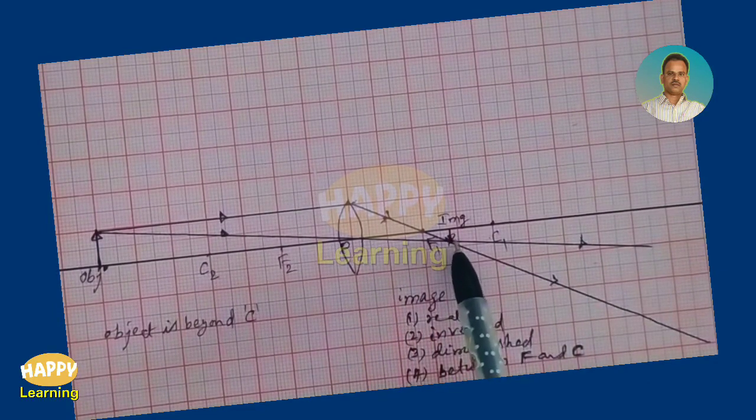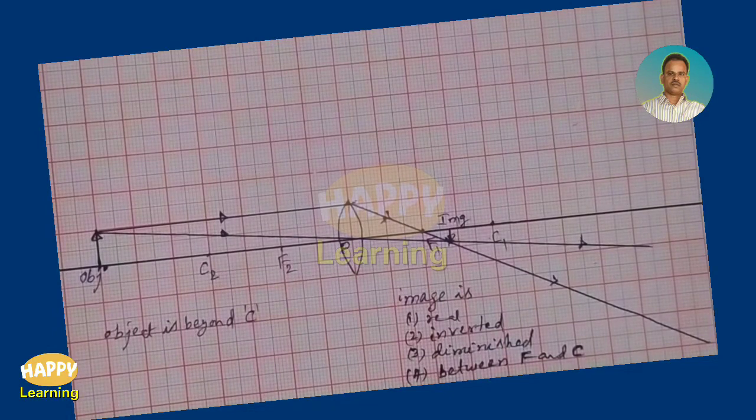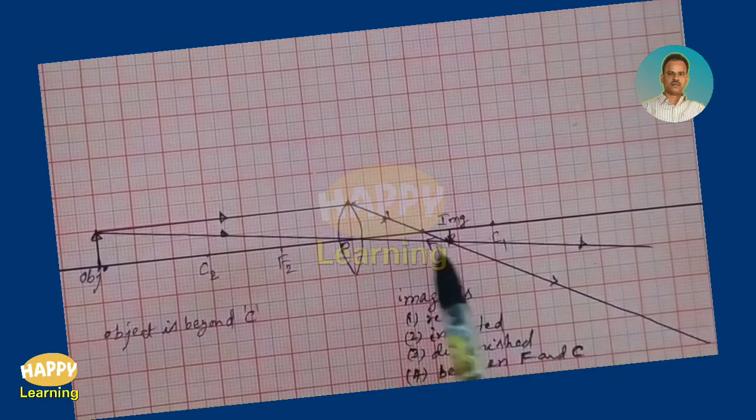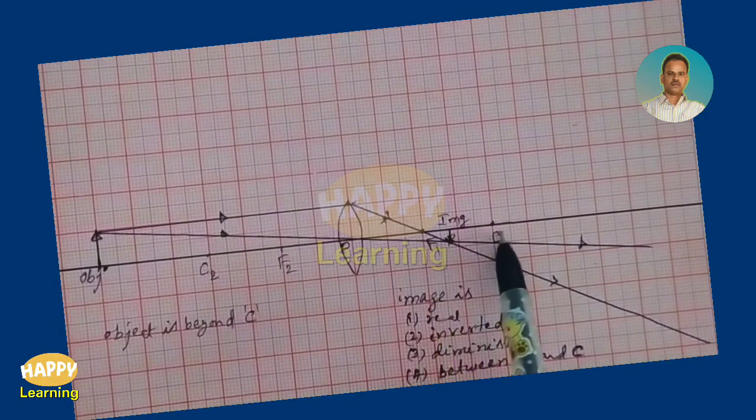From the principal axis to this intersection point, draw the line, and you will get the image. Here it is below the principal axis, that means it is inverted. So the image is real, inverted, diminished, that means compared to the object its size is small, and its position is between F and C.